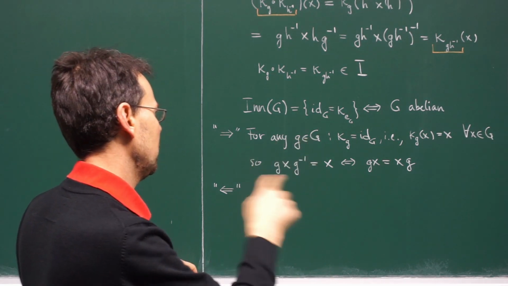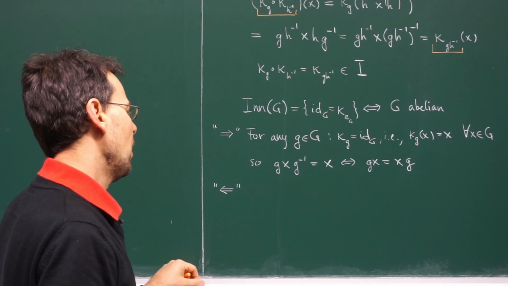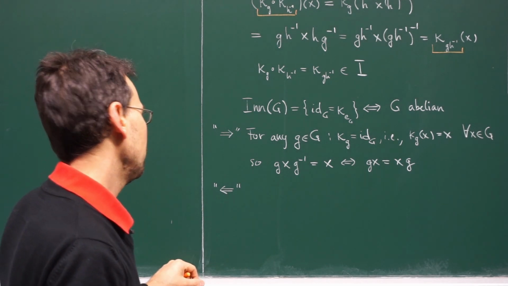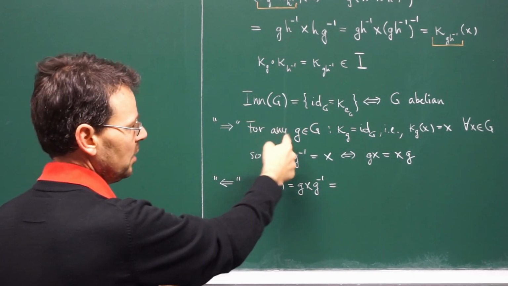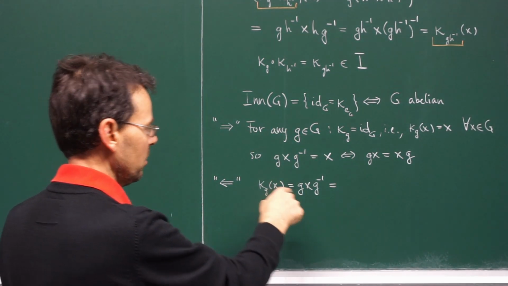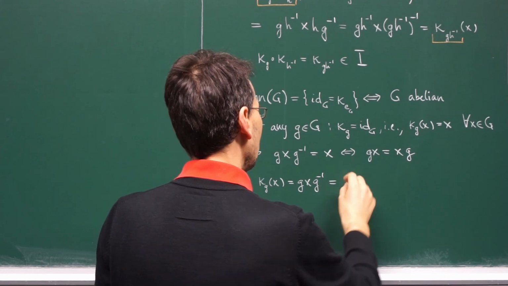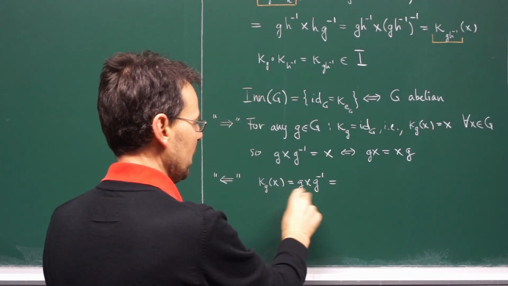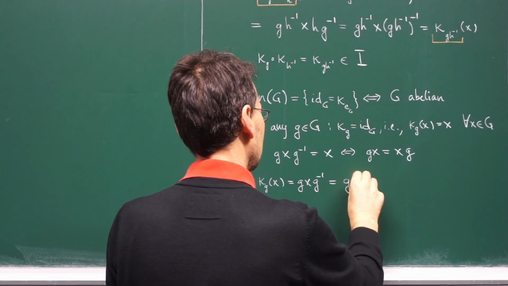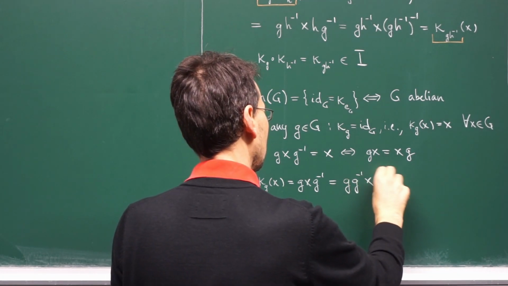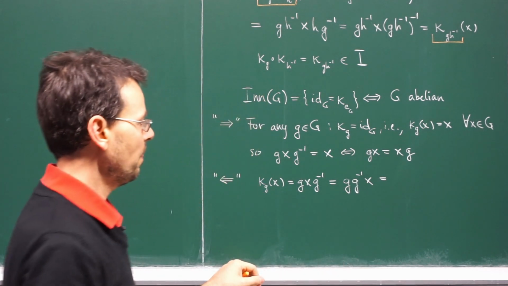Maybe I should have written it down in one try. No, whatever. So if G is abelian, then for any group element g, I'm not going to write that down here again, we have kappa sub g of x is this, and now we can switch the elements, move them around.